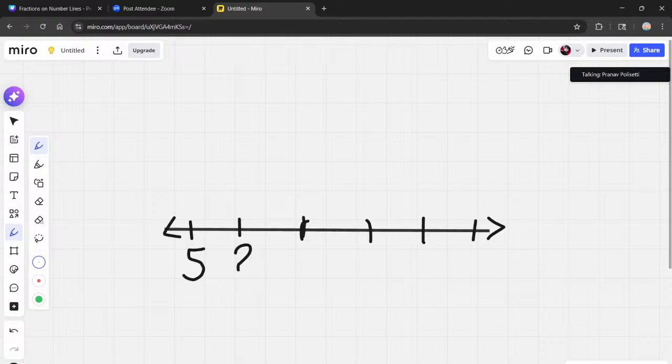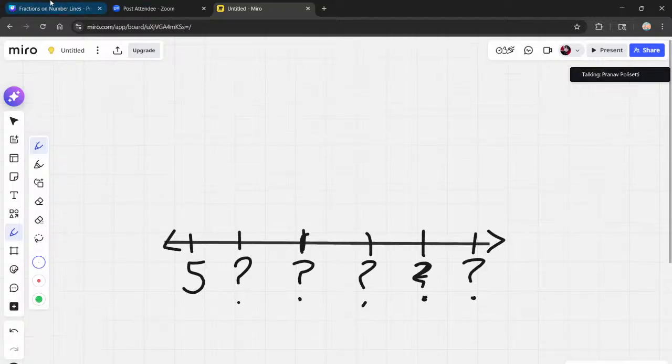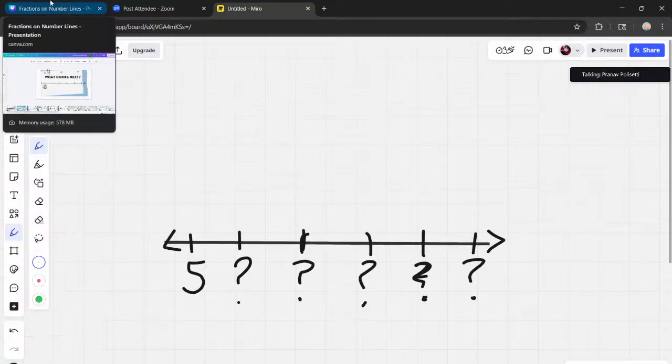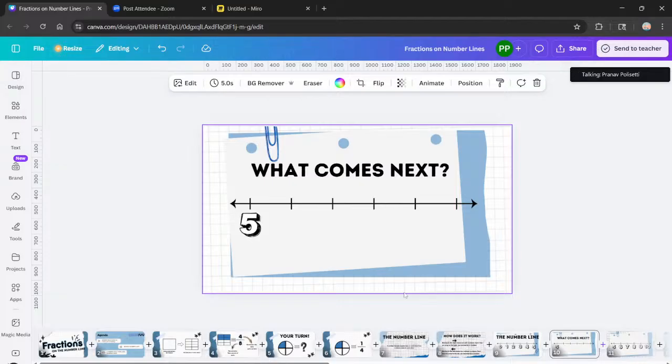What comes here? What comes here? What comes here? Here and here. I want you guys to fill in those 5 vertical lines. What comes under them?